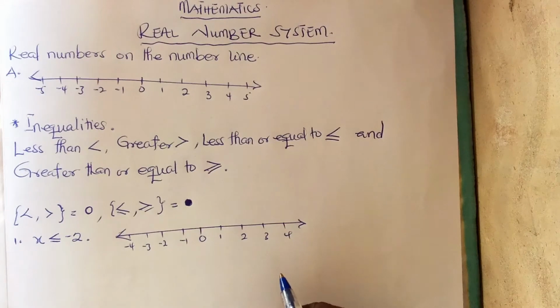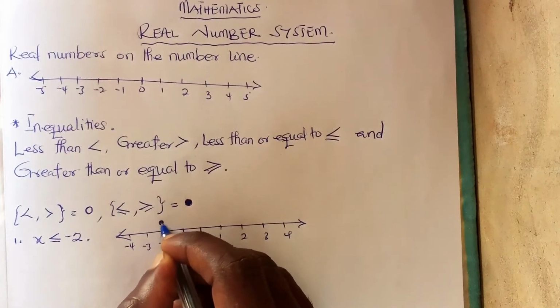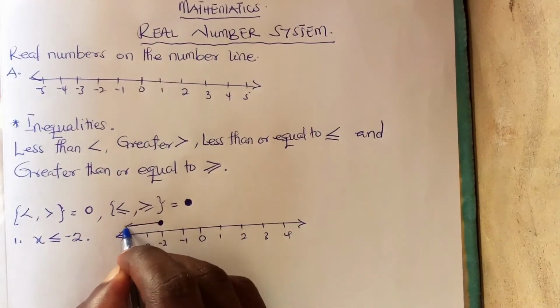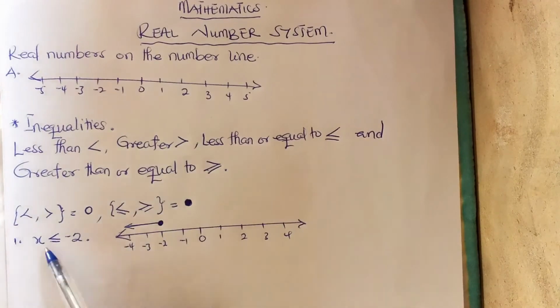Since it's decreasing from 0 to the left, and you are given x is less than or equal to minus 2, you make your shaded 0, and you draw a straight line with an arrow at the end showing that the portions the line moves through are all less than minus 2.